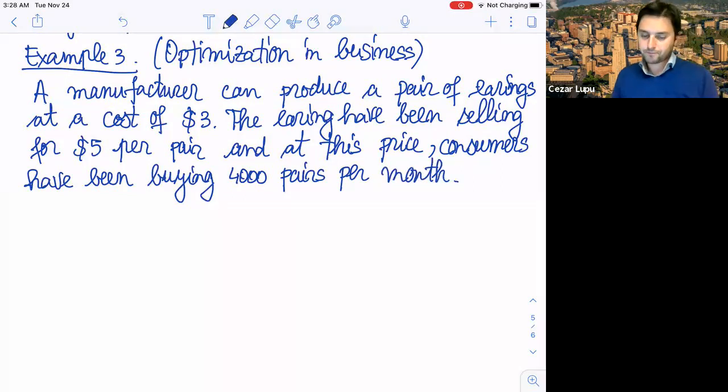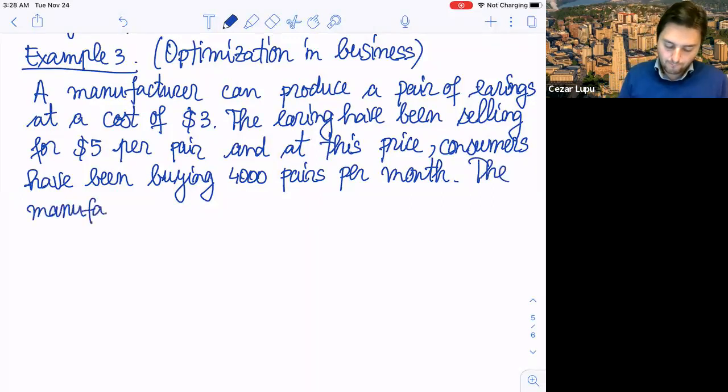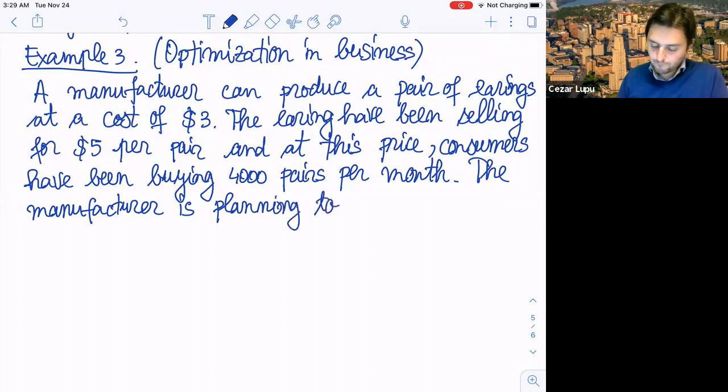Okay, that's good. So now the manufacturer is planning to raise the price of the earrings.